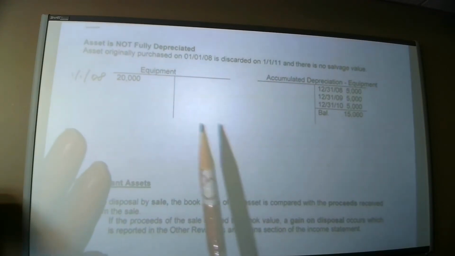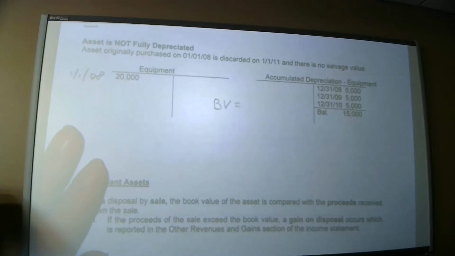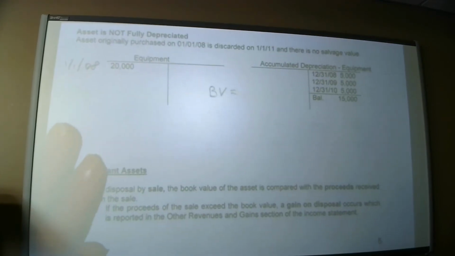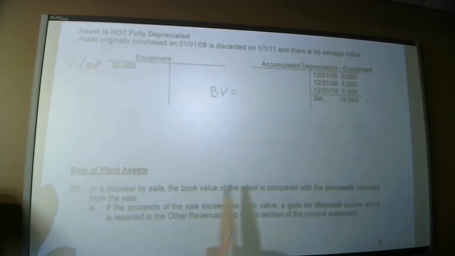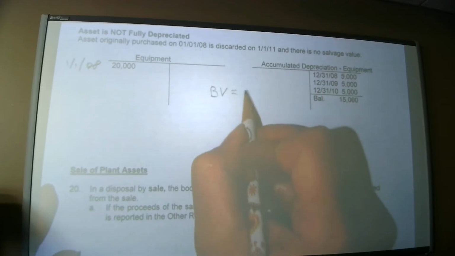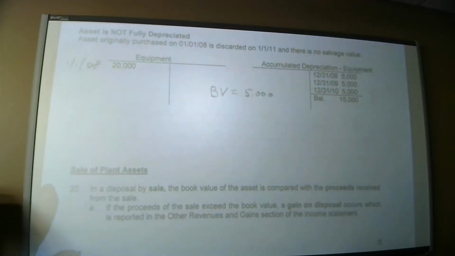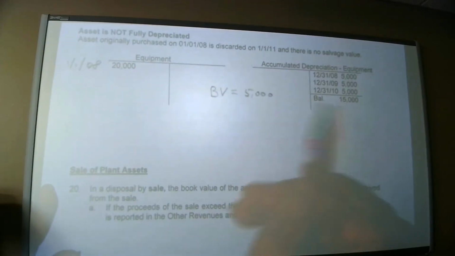So my book value in this case is how much? Yeah, be brave, $5,000. It's 20 minus 15, it's $5,000.